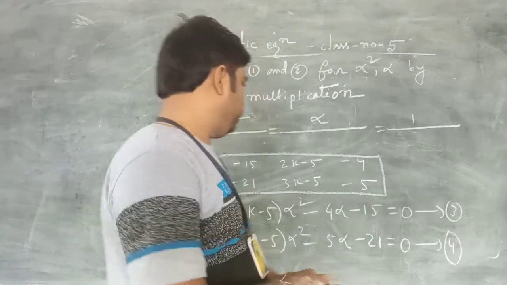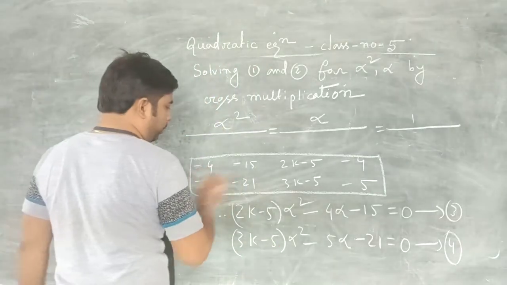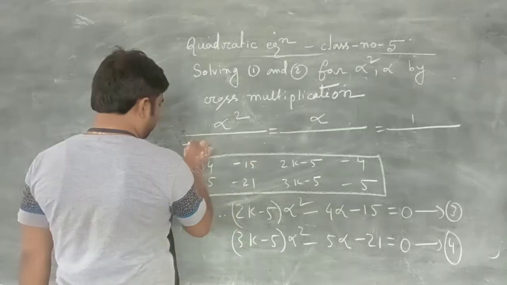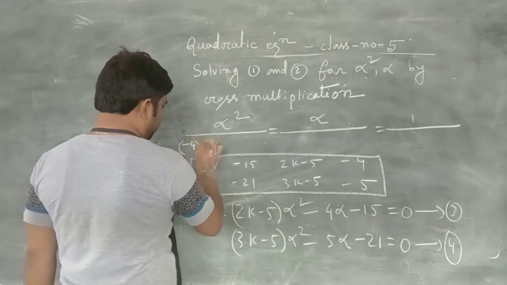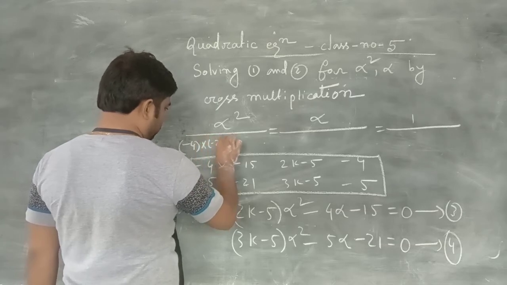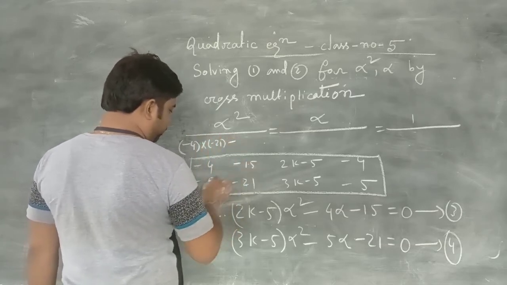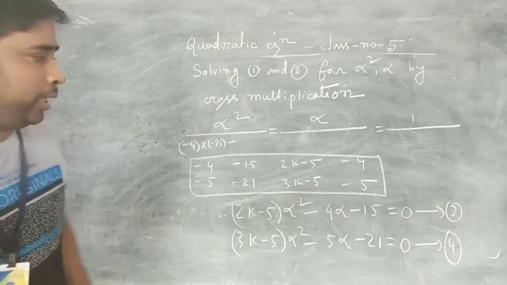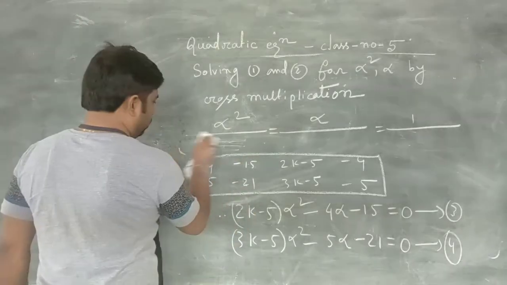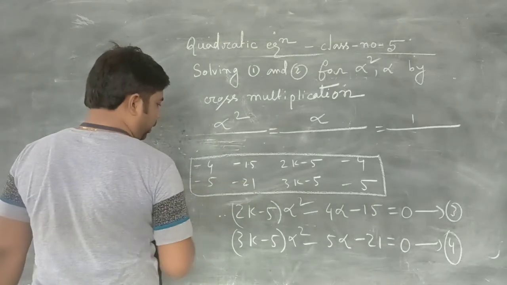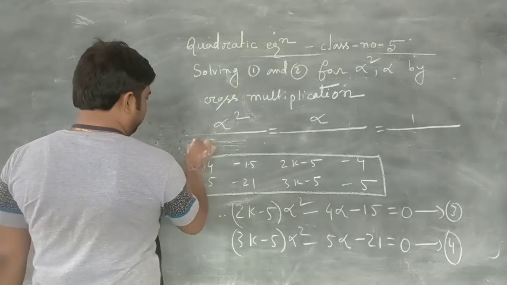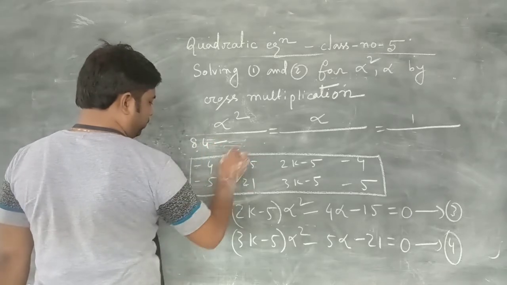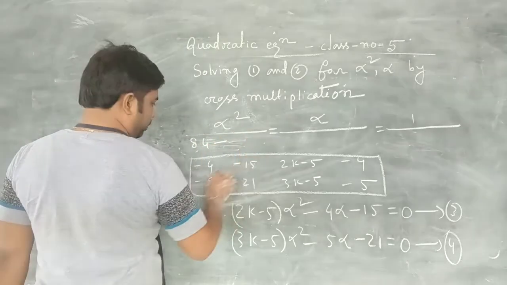Now see what you will do. You will put this value minus 4 into minus 21 and minus 15 into minus 5. So minus 4 into minus 21, it is how much? 84. This is minus 15 into minus 5, it is 75.